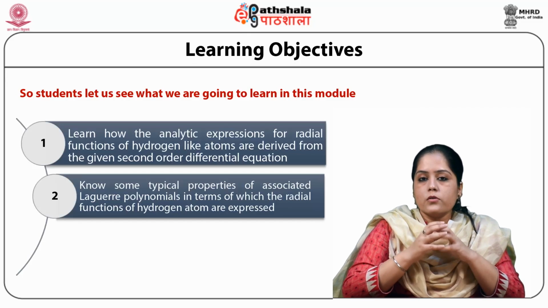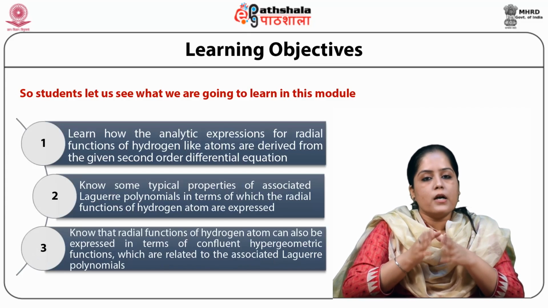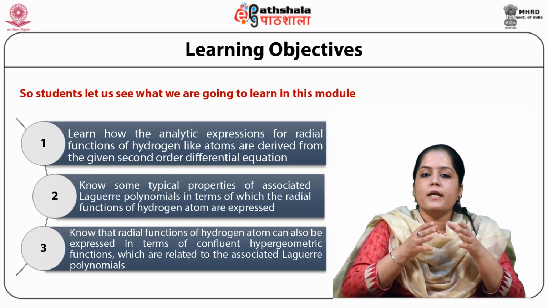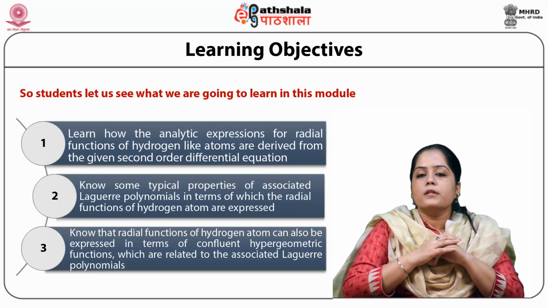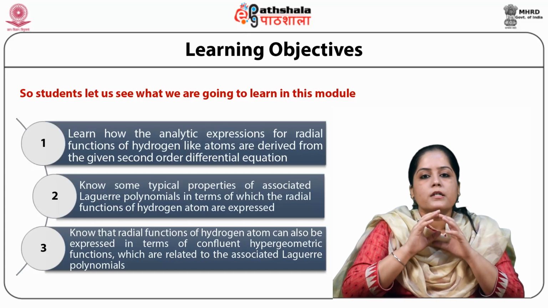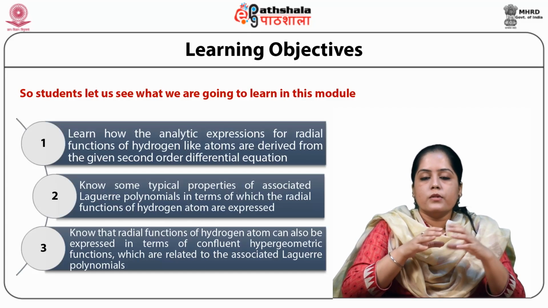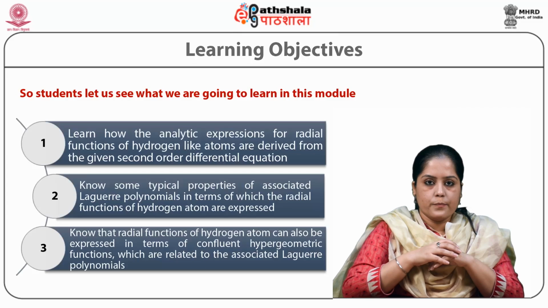We will also discuss how the radial functions of the hydrogen atom can be expressed in terms of the confluent hypergeometric function, which is related to the associated Laguerre polynomials.